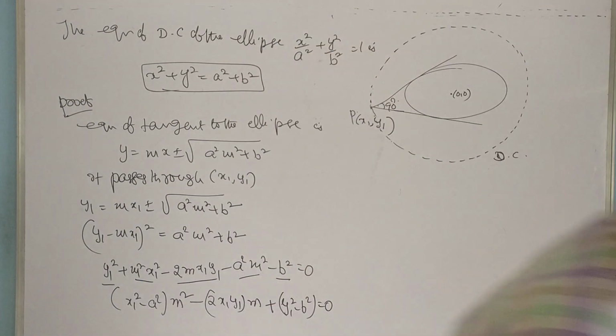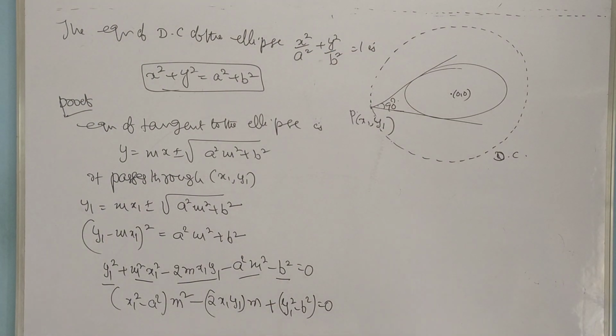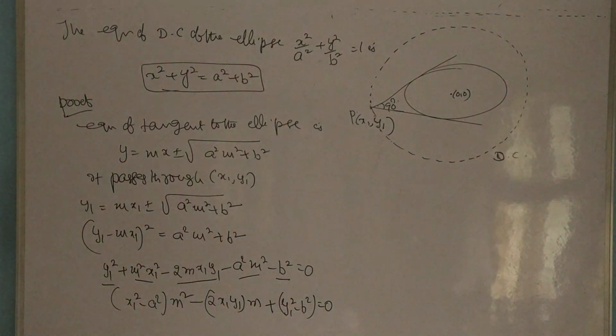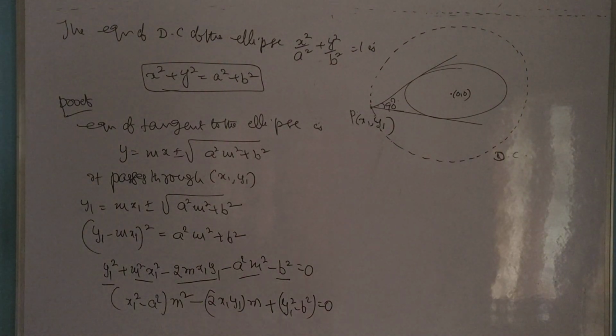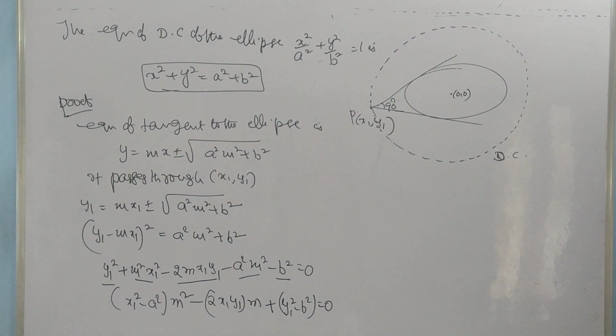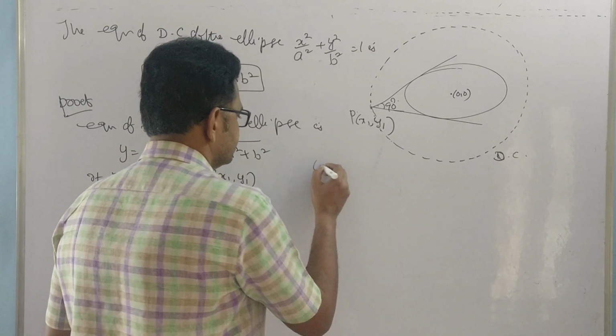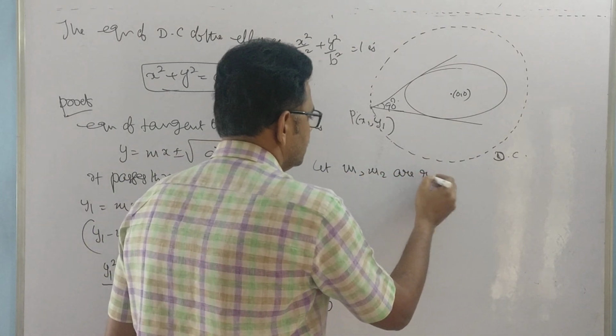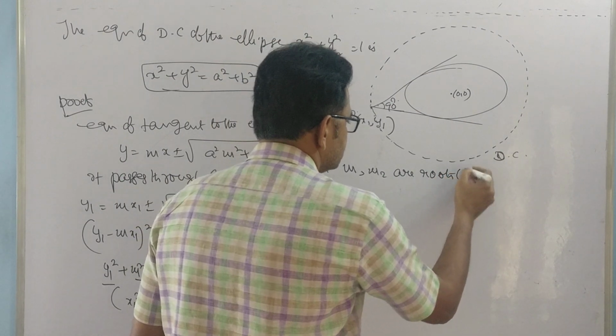Let m1 comma m2 be the roots. Roots means slopes.